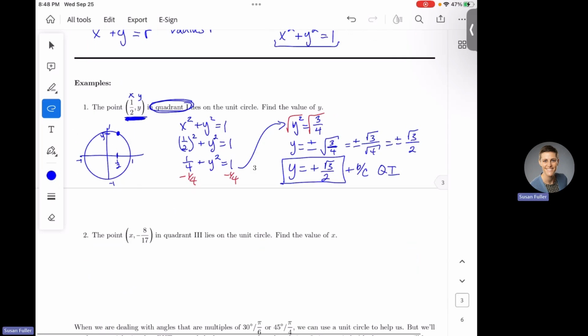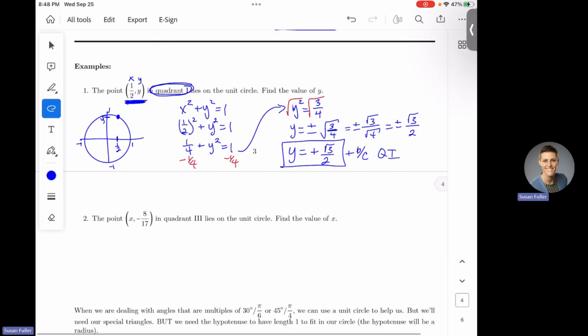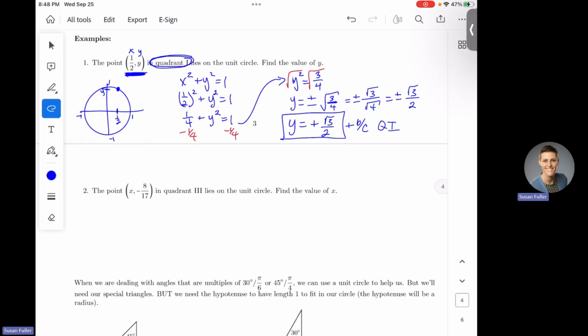Okay, so I want you to try this one. So we have another point. It's now x comma negative 8/17. This point is in quadrant 3 and it's on the unit circle. So again, we have our unit circle. Pretend that's a circle.